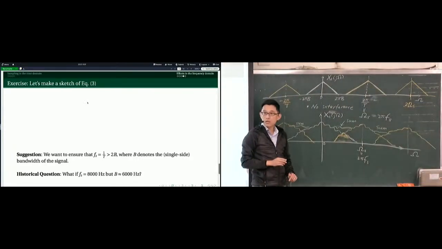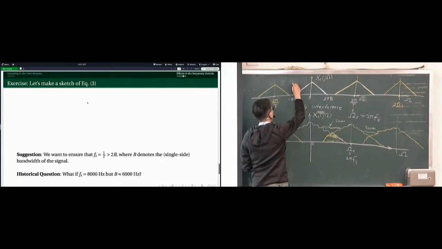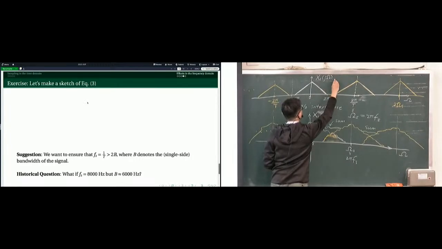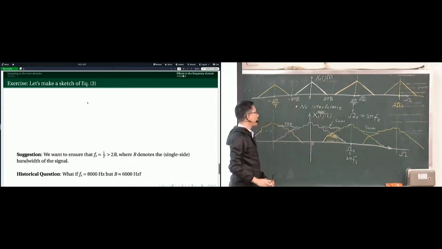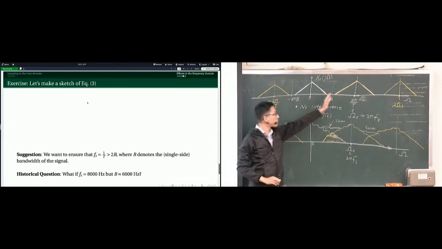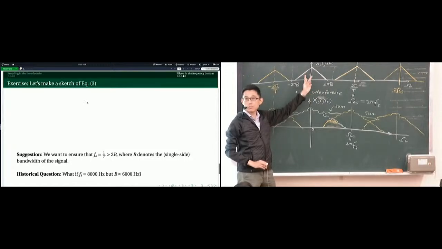Let me just mention, you might have learned it elsewhere, but let me just agree on that. What we need to do is just to apply a low-pass filter right here, right? If you apply an analog low-pass filter, then ideally we can reject all the extra copies and retrieve back our middle part.